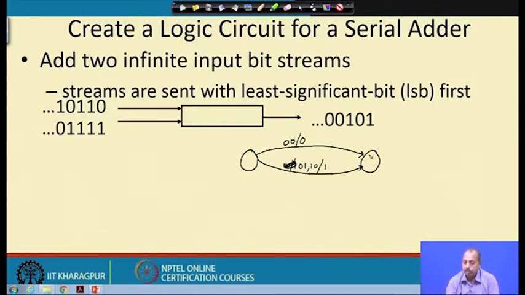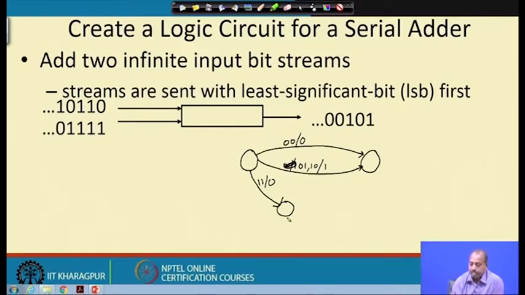So, in this state, what we have got is that there was no carry generated. Now, from this state, if the input pattern was 1 1, the 2 bits were 1 1, then the result should be 0 and it comes to a state where it remembers that a carry was generated.